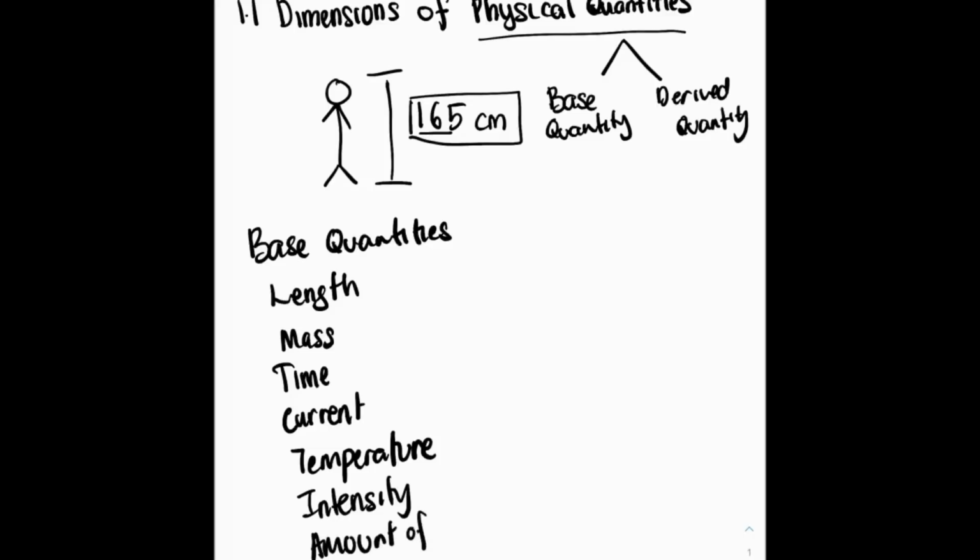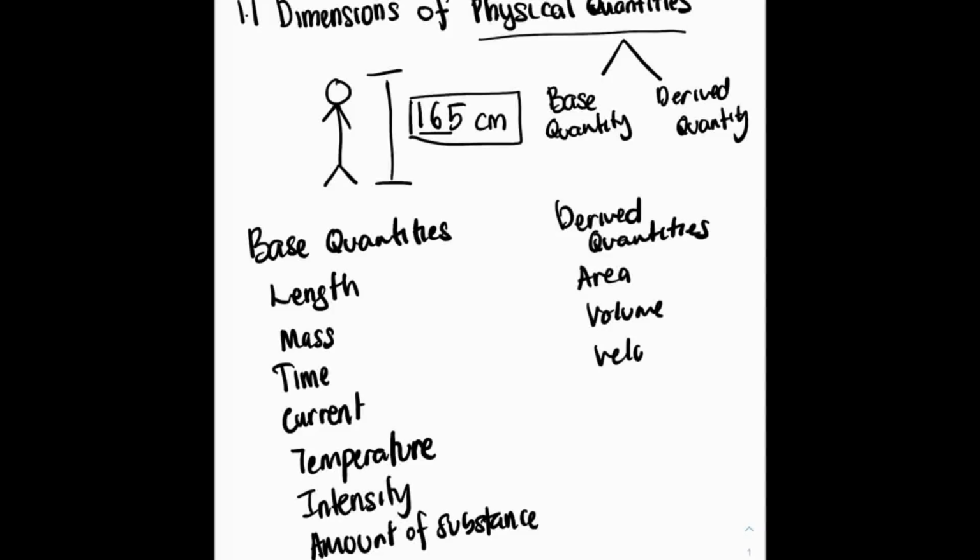These are our base quantities. Whereas derived quantities, we have quite a lot here, because anything that you derive from your basic quantities to produce another new quantity is considered a derived quantity, such as area, volume, velocity, force, and etc. We have plenty here.